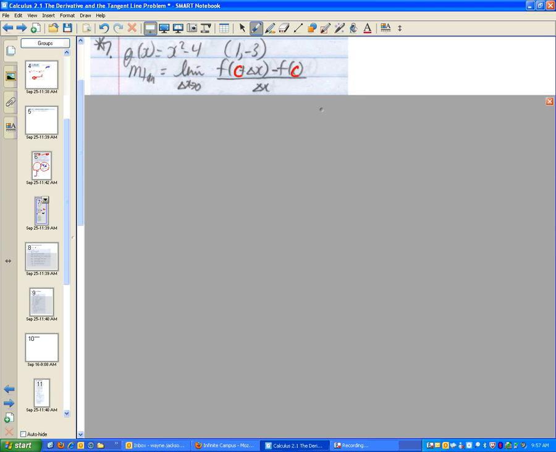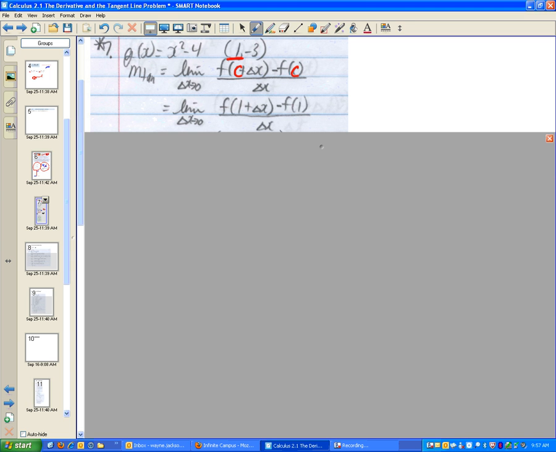So, instead of working this with the variable of x, work it with 1 in there for c. Because that's what c stands for, the x-coordinate of the point of tangency. So instead of a c, put the x-coordinate of the point of tangency in there. So put a 1 in there.